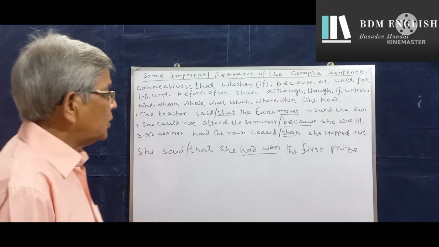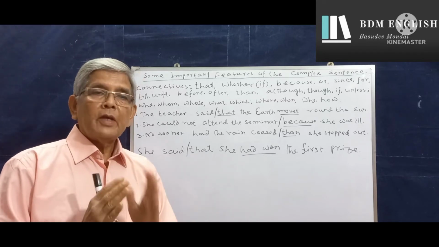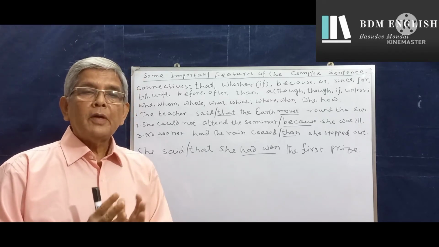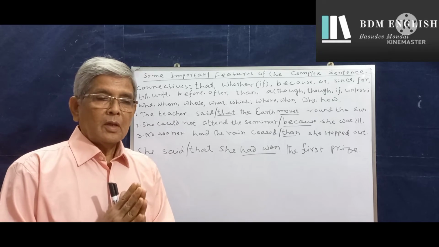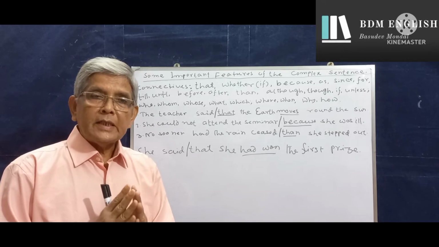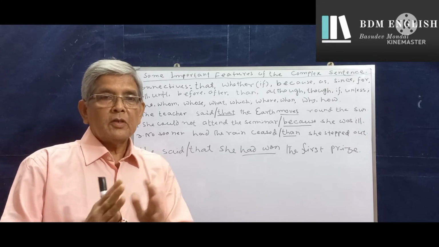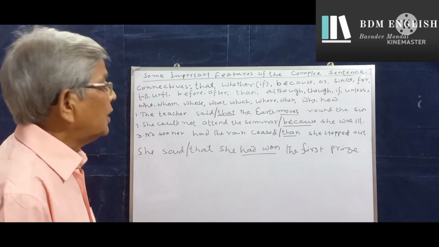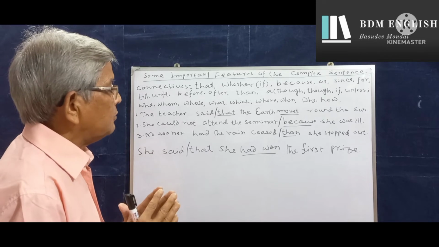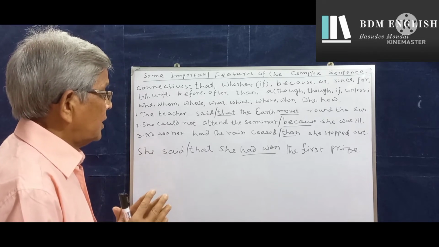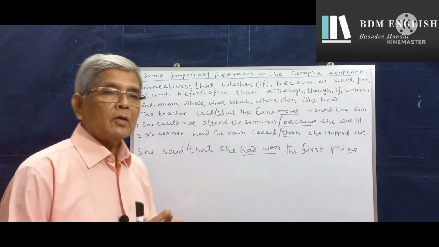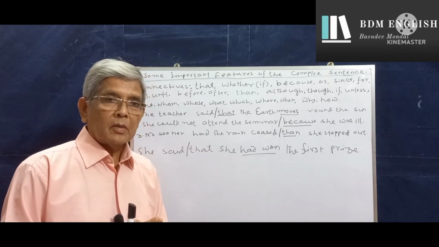Exception number two is that if there is a prevailing habit, a habit that still exists, a habit that is pursued by the person concerned in the subordinate clause, we also use the simple present tense, though the verb in the principal clause is in the past tense.